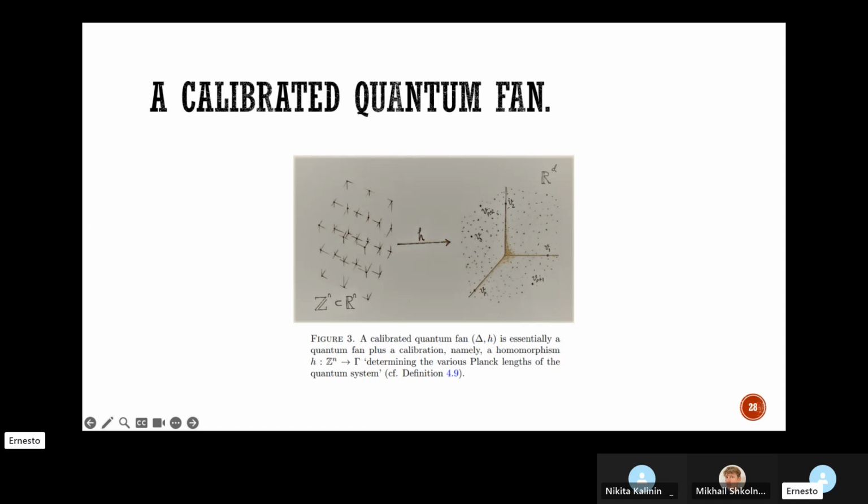But this is the relevant picture. Here you have a bigger dimensional lattice. You can think of this R^d as the real part of the tangent space to the identity of the torus.